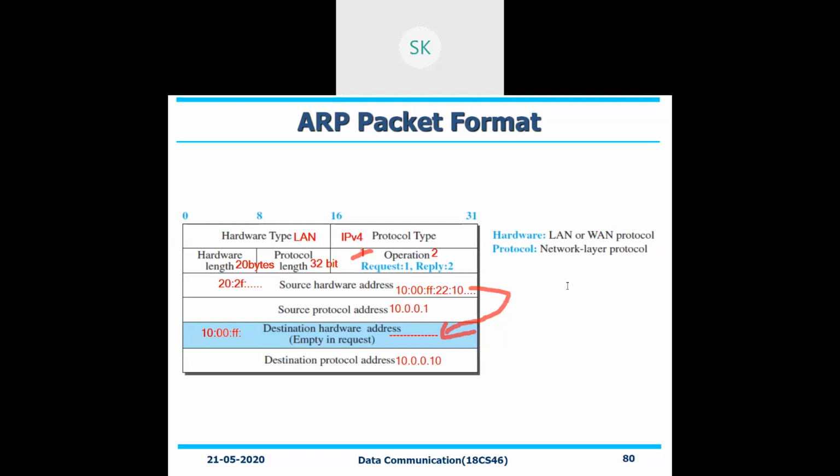Now this will be copied to the ARP cache. In that, you'll have two blocks. One is the physical address, the other one is the logical address.